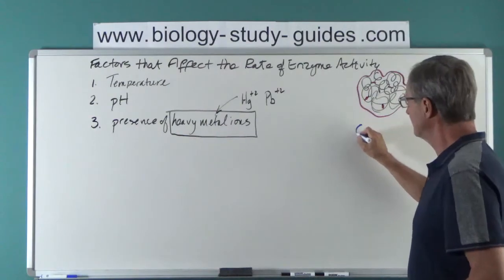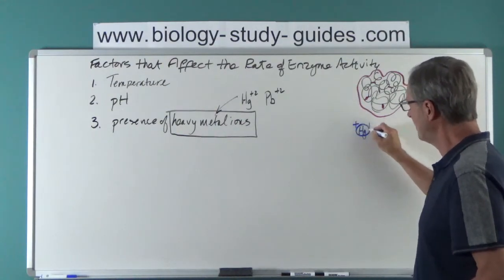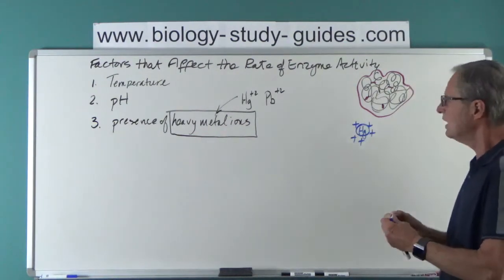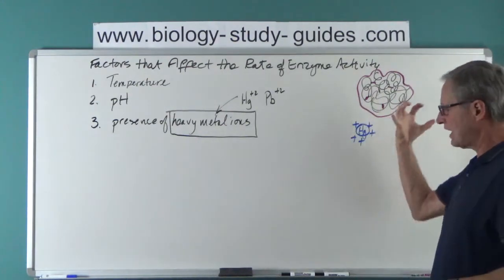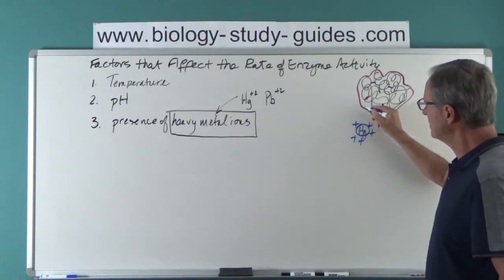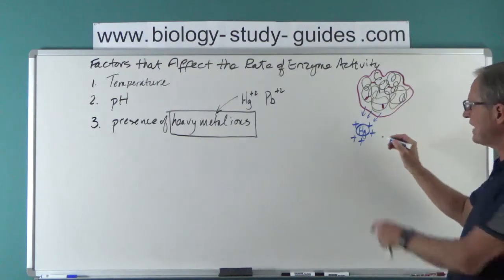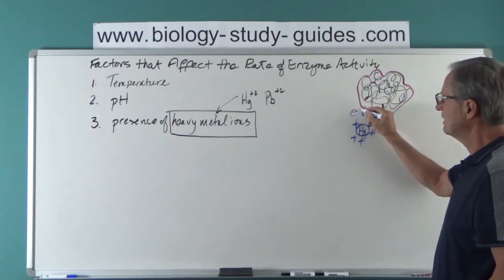Here's an ion mercury, but it's got a huge positive charge because of its big nucleus. I'll just put a bunch of plus signs like that. What that does when it's close to these enzymes is it actually has an affinity for electrons. So this positive charge is going to draw electrons towards it. So if this comes in contact with these or is close to it, the electrons get disrupted.